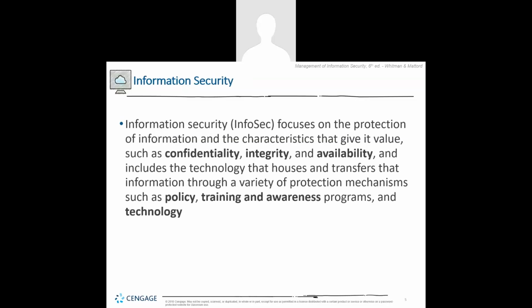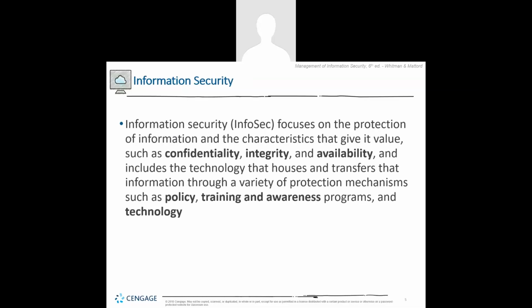Now, information security protects information by ensuring the confidentiality, the integrity, and the availability of that information. Confidentiality prevents unauthorized access. Integrity maintains the accuracy and reliability of the information.